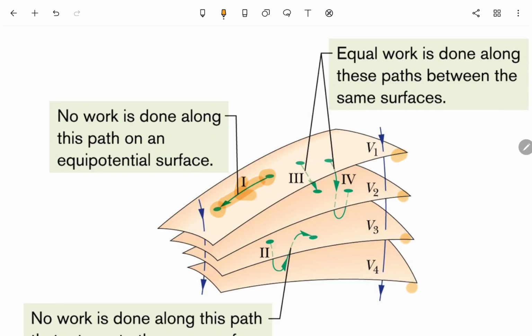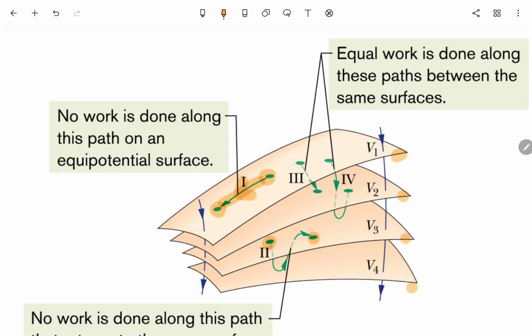And then the second one: both the starting point and the end point are on V3, even though the path does not lie on the V3 equipotential surface. It goes out and then goes back. But for the work done, we only consider the starting point and the end point.